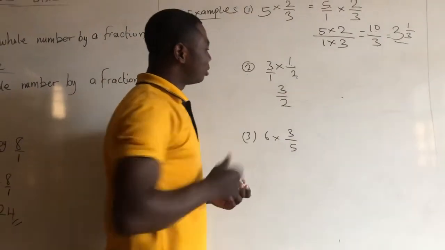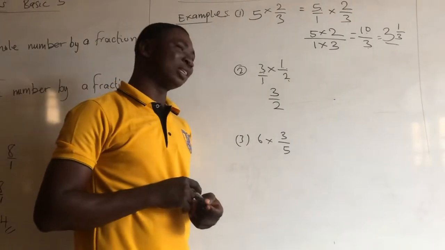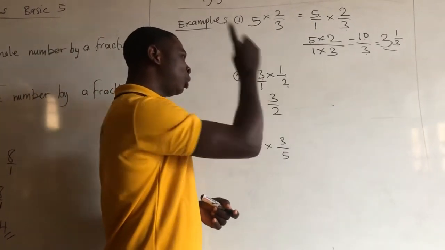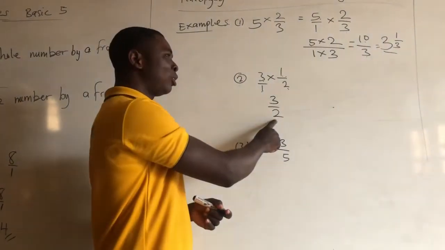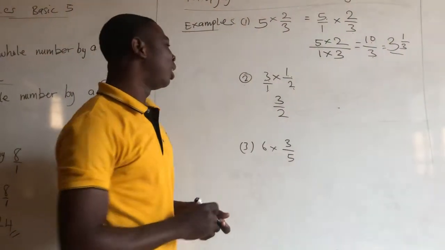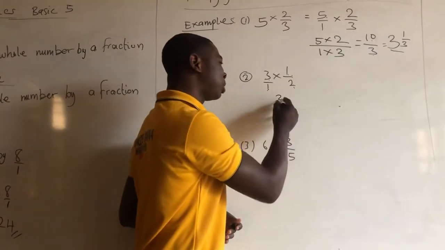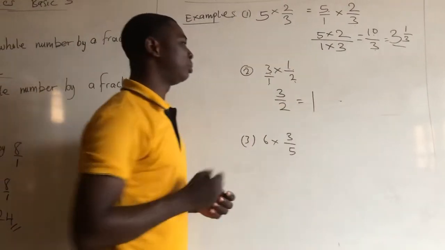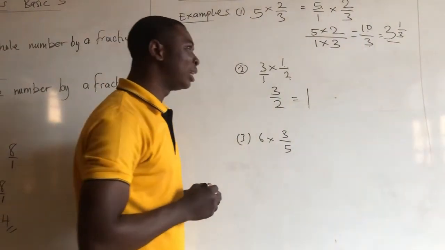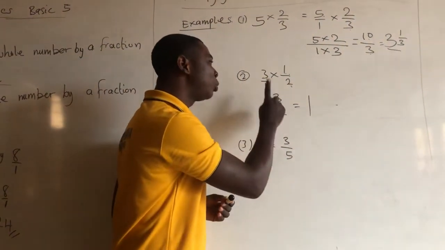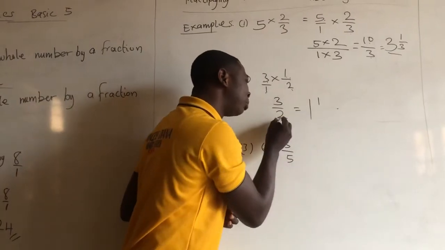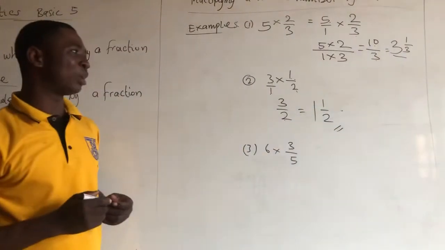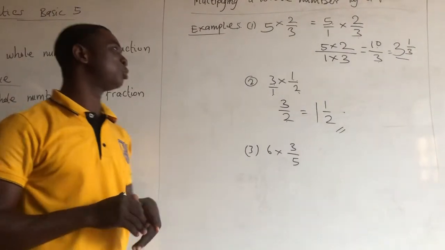The same thing is happening here: the small girl is carrying a big load. It's a disaster. Don't leave it like this. How many times will 2 go into 3? 2 goes into 3 1 time. Then it will remain only 1. Then bring your denominator, out of 2. So 1 whole number, 1 out of 2.